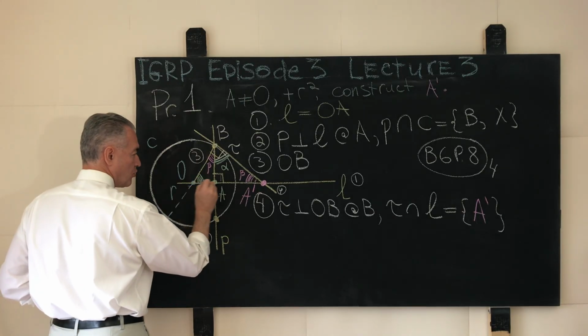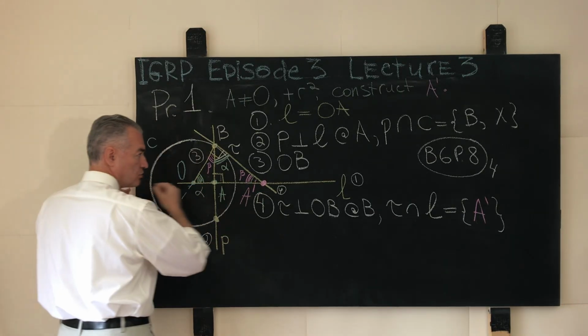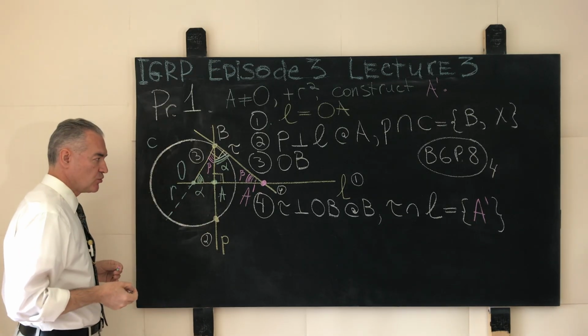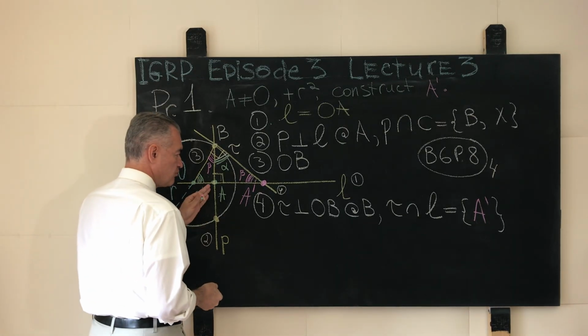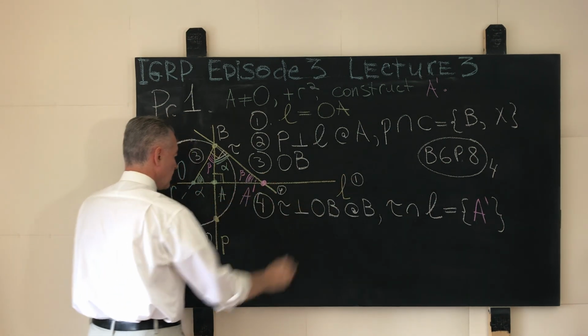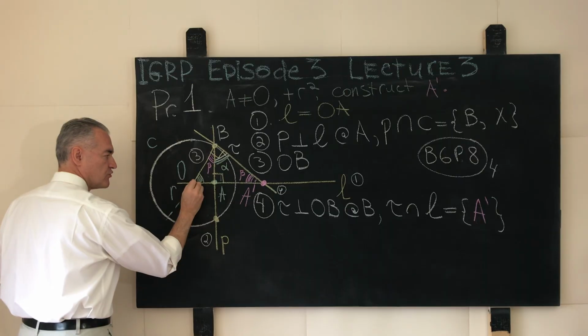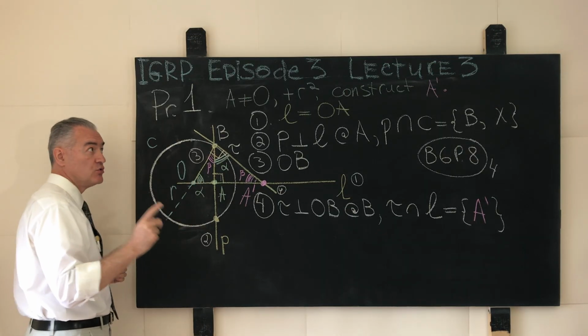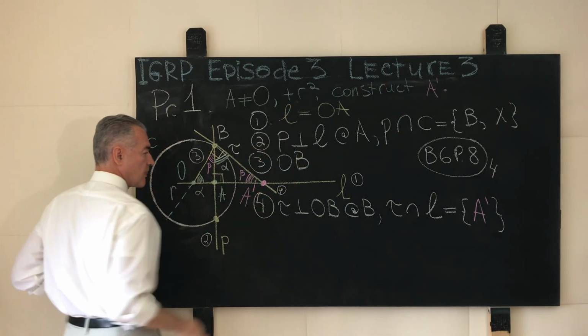The points O, A, and A prime are collinear. That is good. That's condition 1 of definition 1. The points A, the pre-image, and A prime, the image, are on the same side with respect to the center of inversion. Oh, that's good. That's our definition 2. The power of inversion is positive.